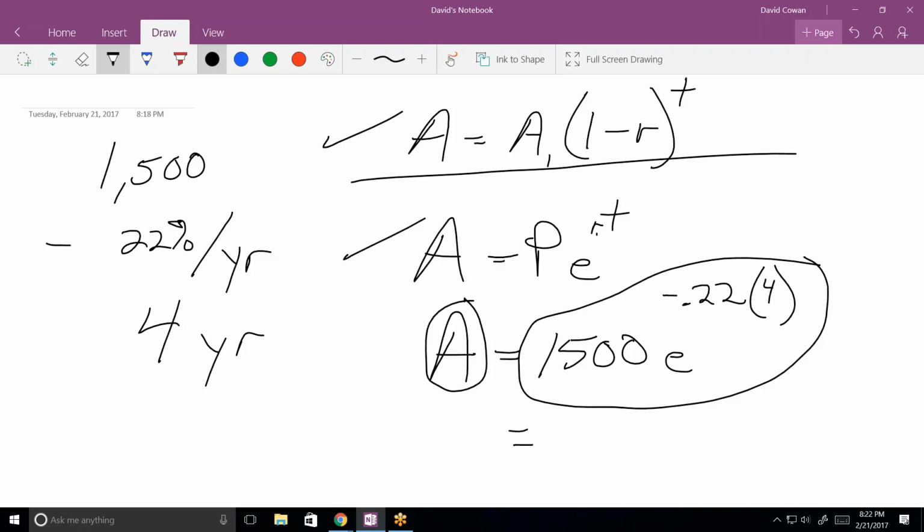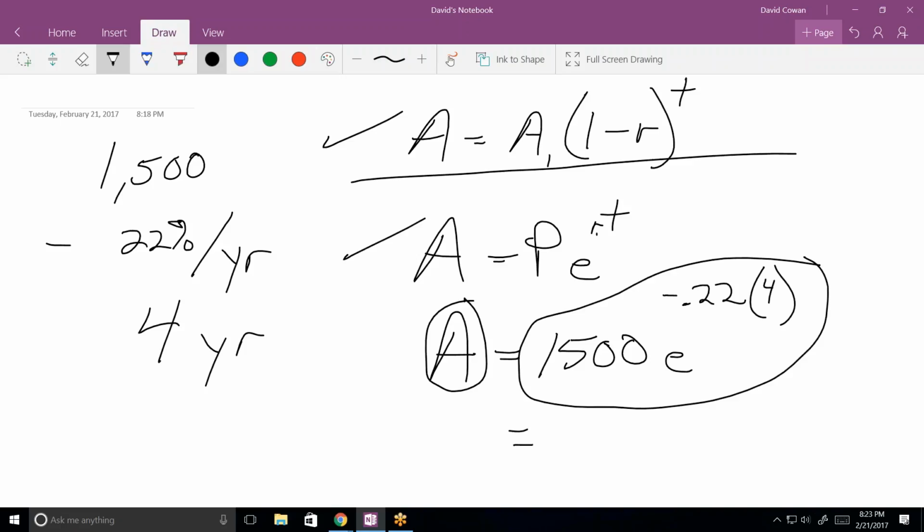What kind of calculator do you have? The Inspire CAS. I was looking for E the other day on here and I couldn't find it. Oh, really? There's a pi key. I don't know why there's no E key. For E, go ahead and put 2.718.